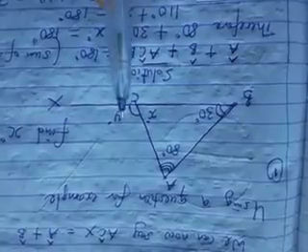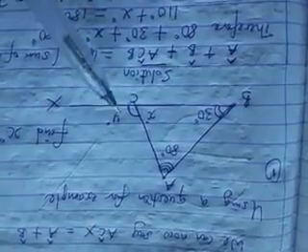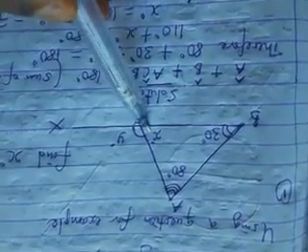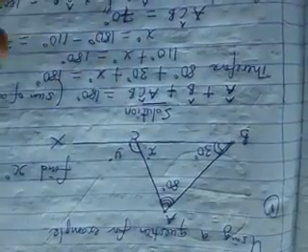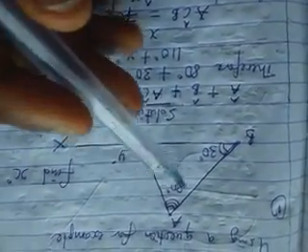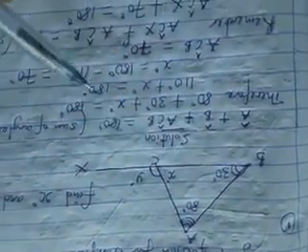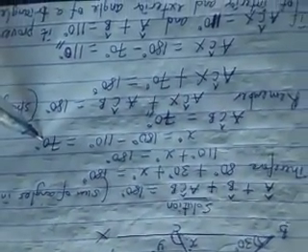That means X plus Y on this straight line should give me 180 degrees. Remember, we found the value of X using the sum of angles in a triangle, and X was 70 degrees.